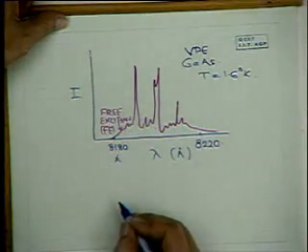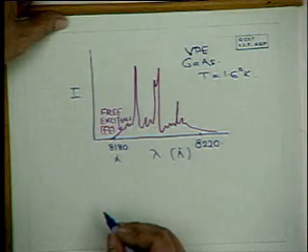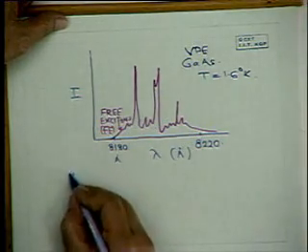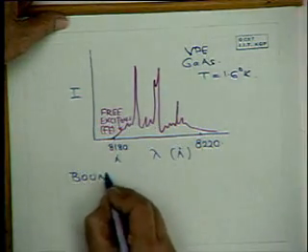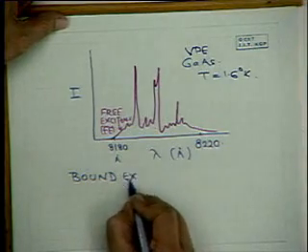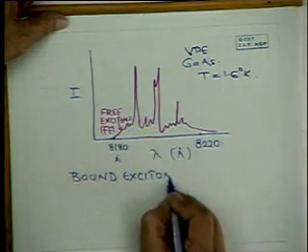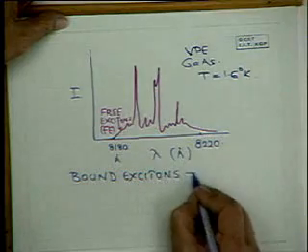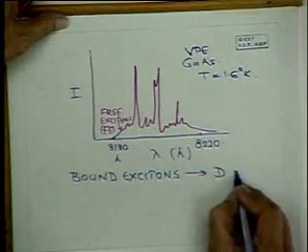Now, in addition to free excitons, excitons can be bound to either donors or acceptors.